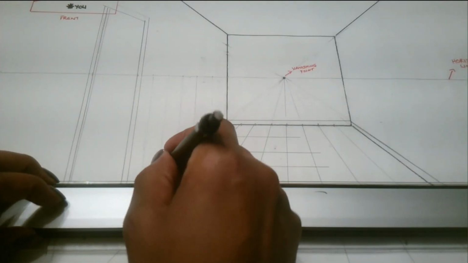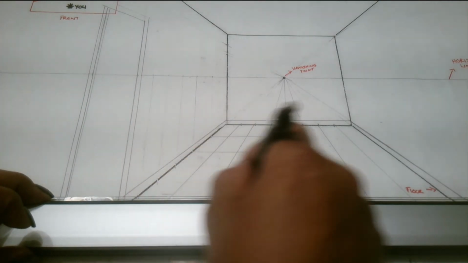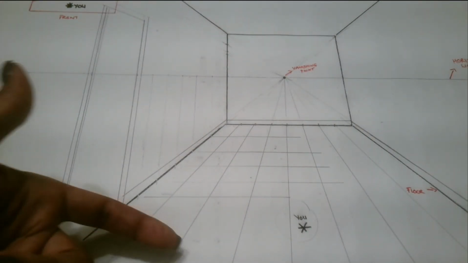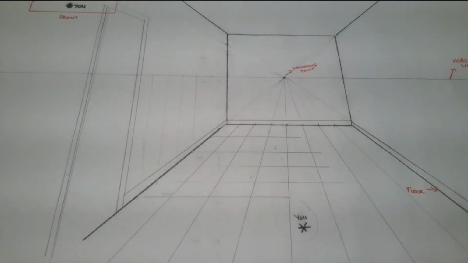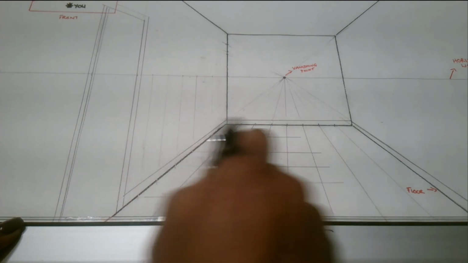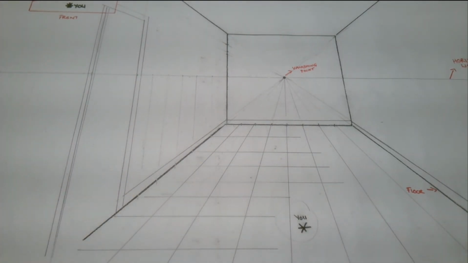And now you have evenly placed tile flooring. And notice how the tile is receding the further it goes back into your drawing. And you would do this all the way through.